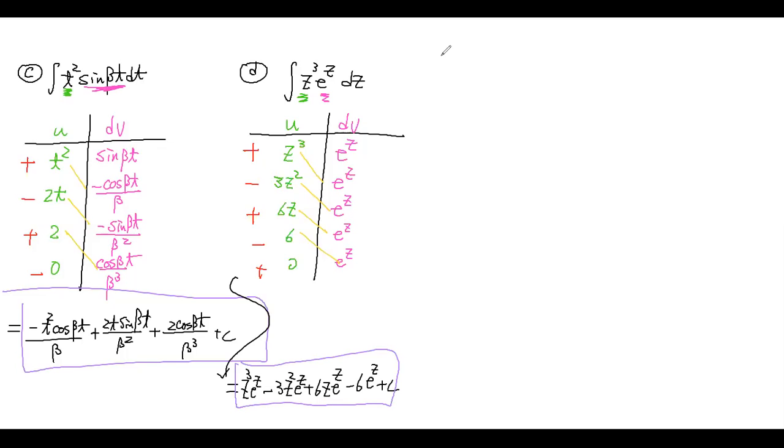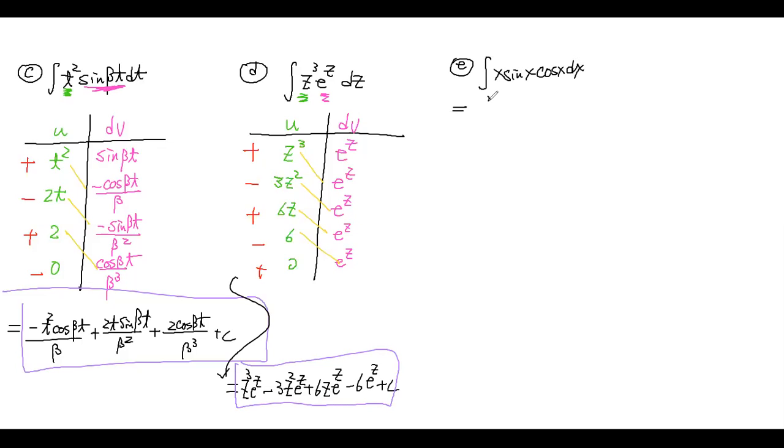Now let's take a look at the next one: the integral of sine x cosine x dx. Now you say, oh boy, I have 2 trig functions here. What can I do? I like the tabular form, but I have 2 trig functions.